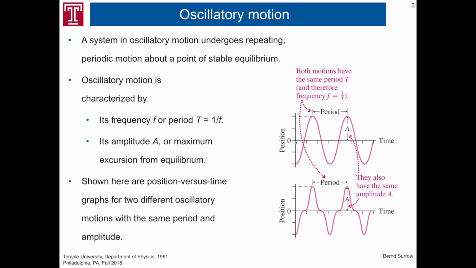Imagine we're compressing the spring by a certain amount, then let go, it goes through 0, through the equilibrium location to the other side, comes back to the equilibrium location, and then the whole motion repeats itself. The time scale for that is referred to as a period.